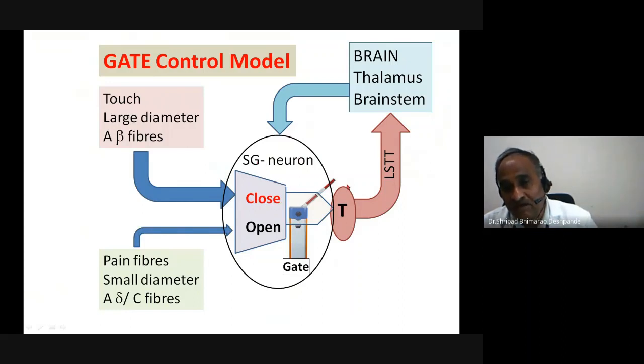So the gate will remain open, the impulse is transmitted, and it will reach the brain via the brainstem and thalamus. Now, the brain, thalamus and brainstem in turn will have a projection to the SG neuron or the target neuron, which tries to modulate the gate, either to open or close it.